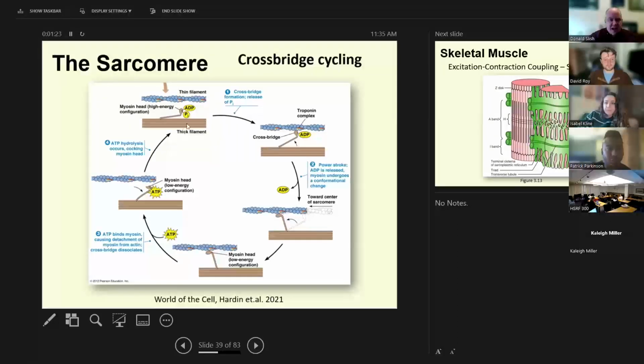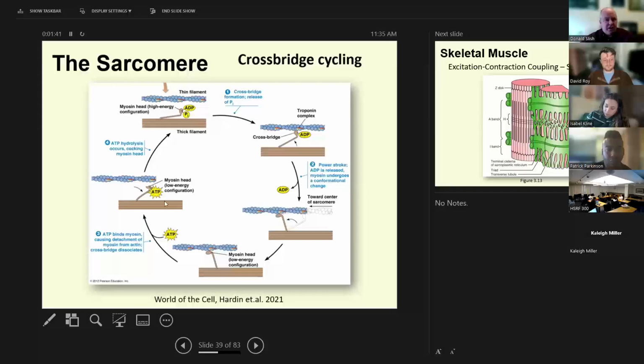Now, the next thing that happens is the phosphate comes off. When the phosphate comes off, that allows the myosin head to grab onto the actin. And then when the ADP comes off, it goes back to its low energy state. And that's the power stroke right there.